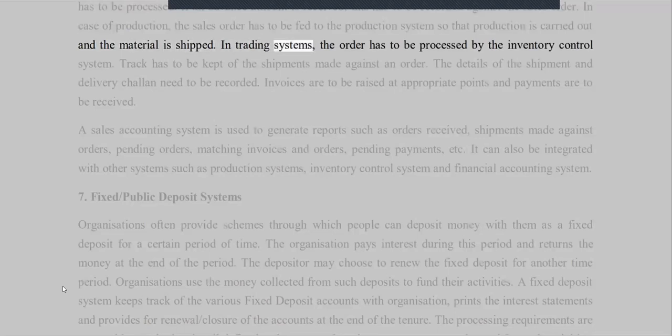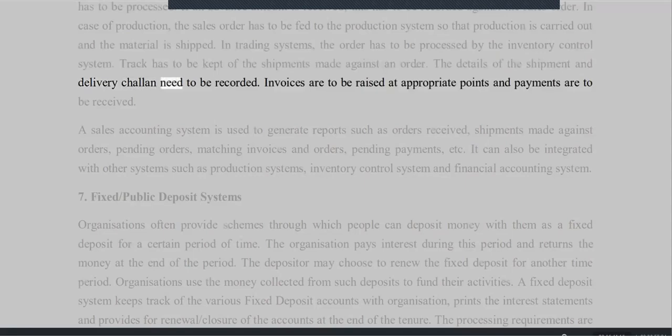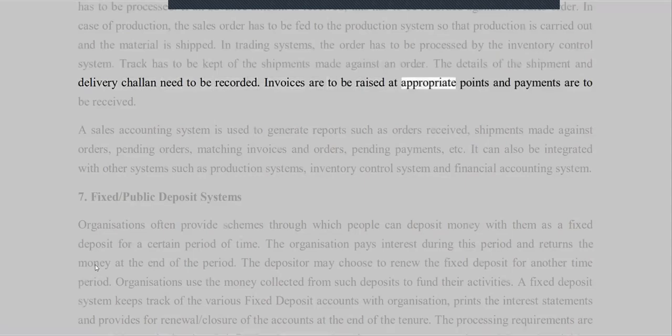In trading systems, the order has to be processed by the inventory control system. Track has to be kept of the shipments made against an order. The details of the shipment and delivery challan need to be recorded. Invoices are to be raised at appropriate points and payments are to be received.